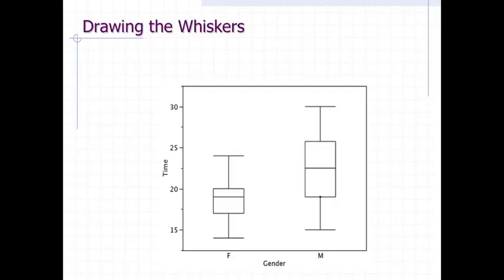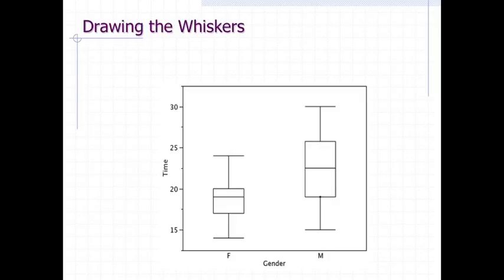Now that we have gone through all the terminology, we can continue drawing the box plots. The next step is to draw the whiskers. Whiskers are vertical lines that end in a horizontal stroke. A whisker is drawn from the upper hinge, which you recall is the 75th percentile, to the upper adjacent value. A whisker is also drawn from the lower hinge, the 25th percentile, to the lower adjacent value.